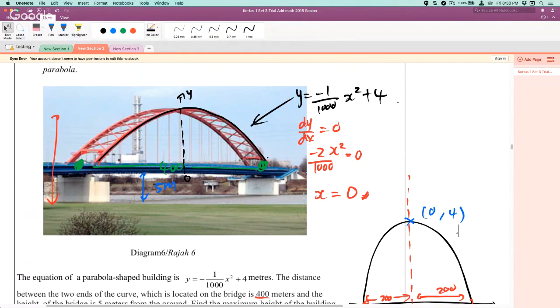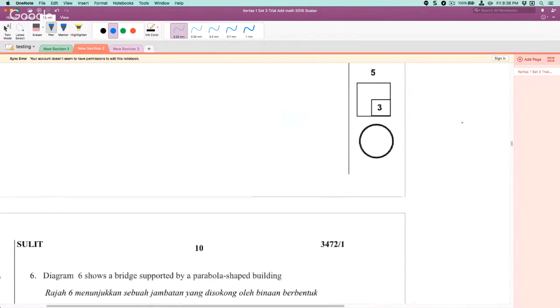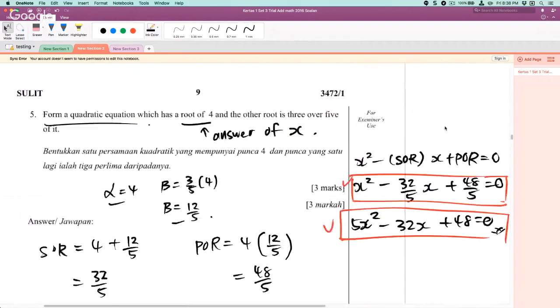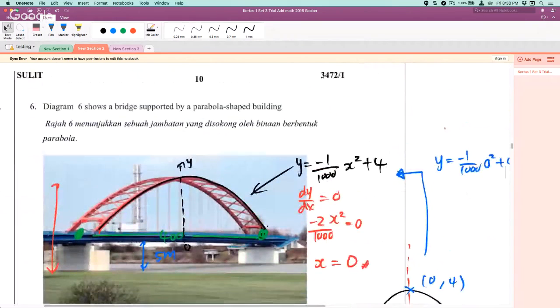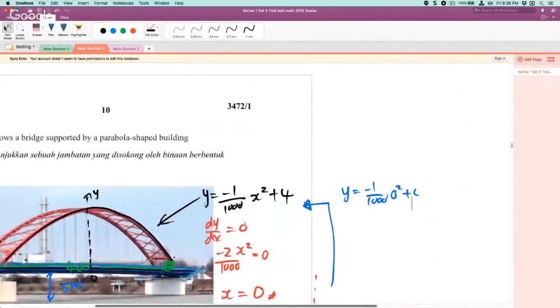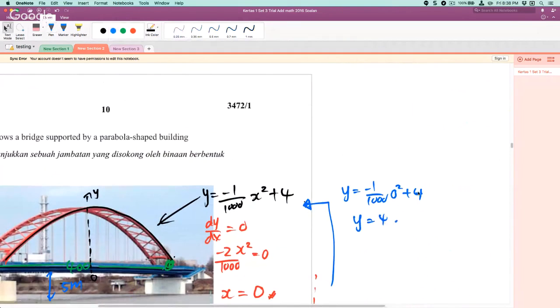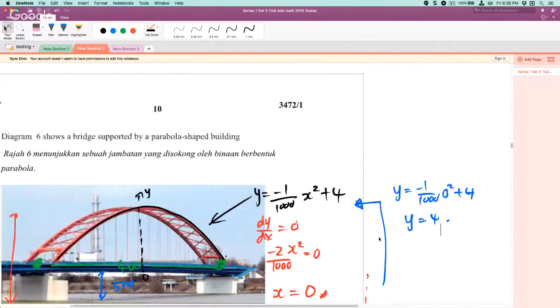If you don't understand how I got this, you can try to substitute 0 into here: y equals negative 1 over 1000 times 0 squared plus 4. This is how I get the value of 4. I hope you're okay. So therefore, y equals 4. All right, let's come back to this question.